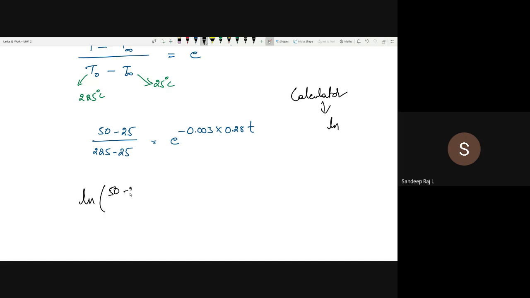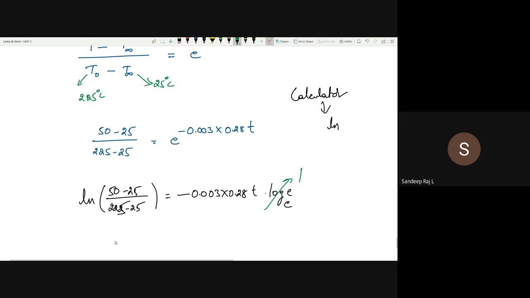So I will write it as ln itself here. ln of 50 minus 25 by 225 minus 25 is equal to this. You will get in the product here 0.003 into 0.28 into t into log e to the base e. This is actually equal to 1.